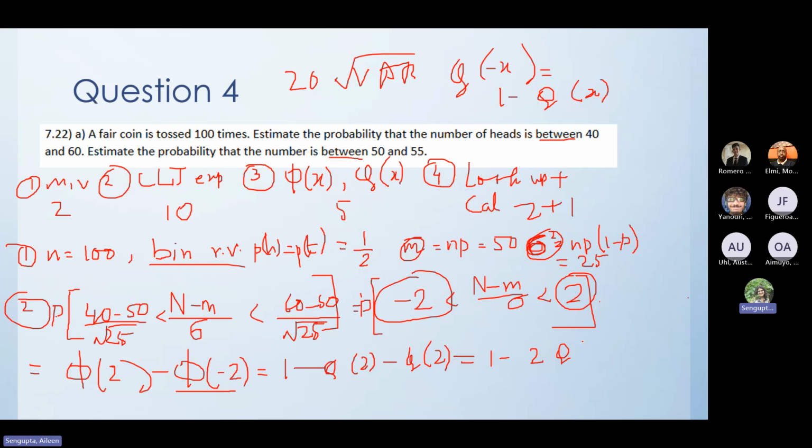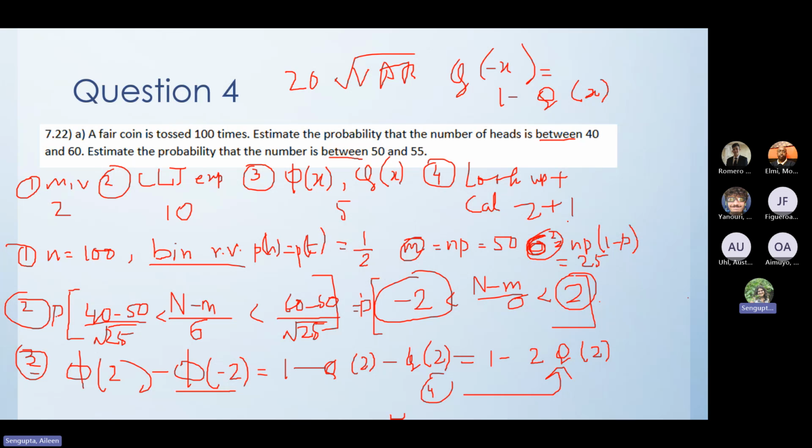Now you're moving on to your step 4. You're going to look it up and solve the expressions. The third part was this Q of x and phi of x and all those things. And the fourth part is basically your lookup, right? So anything beyond this step, look it up, solve the expression, anything apart from that is basically your step 4.